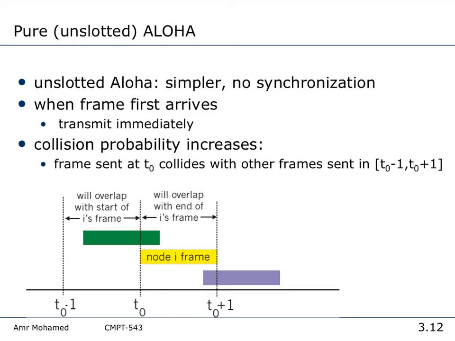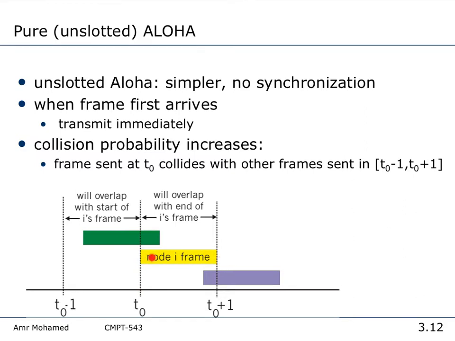For the unslotted Aloha, the problem is that we do not have boundaries. Right? So a node can send at any point in time, which means that if node I is trying to send a frame, what is the probability of success in this case? Well, if the node is trying to send at time t0, the frame itself takes one time slot.